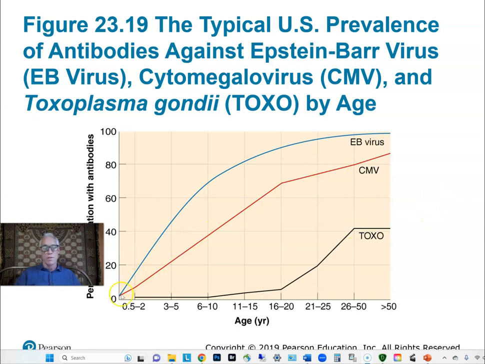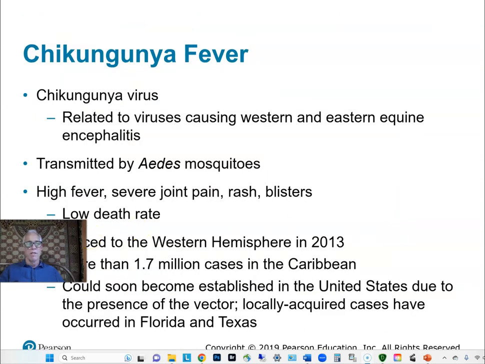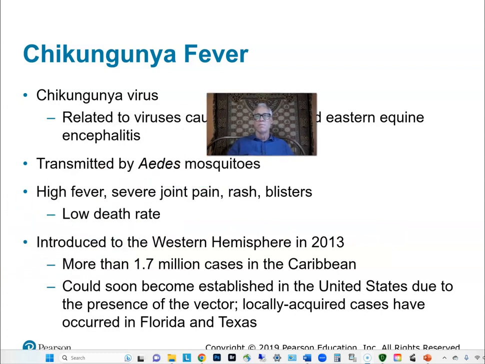Here's age in years on the x-axis and percent of the population that shows antibodies, that has been infected, with Epstein-Barr virus: 100% by the time you reach the age of 50. Almost 90% by age 50 for cytomegalovirus, and a little bit less than half of the people for Toxoplasma gondii. So a pretty amazing high frequency in the population for these diseases.